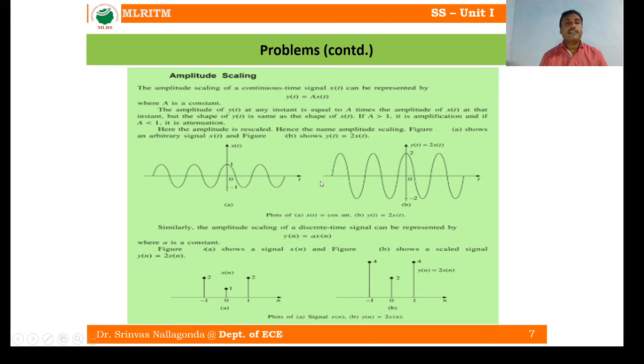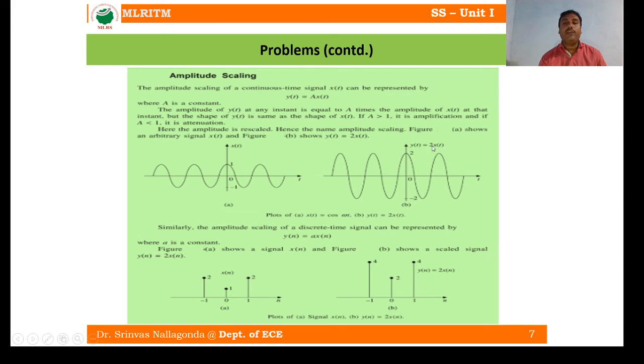Now we'll discuss amplitude scaling. One signal is given, and I would like to apply amplitude scaling. This is not time scaling. Time scaling is different, amplitude scaling is different. We are only scaling the amplitude and we are not touching the time instants. In the given signal, the peak amplitude is 1, and on the negative side the negative peak is minus 1.